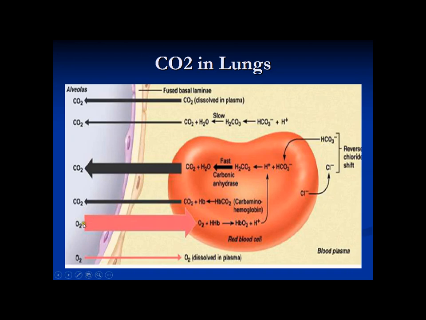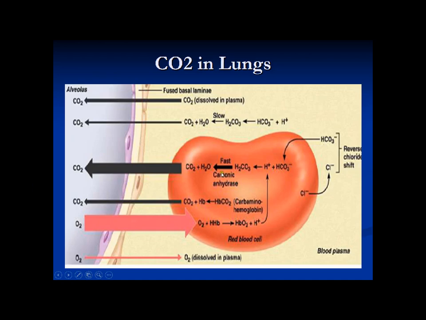When oxygen from the alveoli enters the RBC, it will bind with the hemoglobin. By the binding of oxygen with the hemoglobin, it releases the hydrogen ions and releases the carbon dioxide. So carbon dioxide will enter the alveoli.